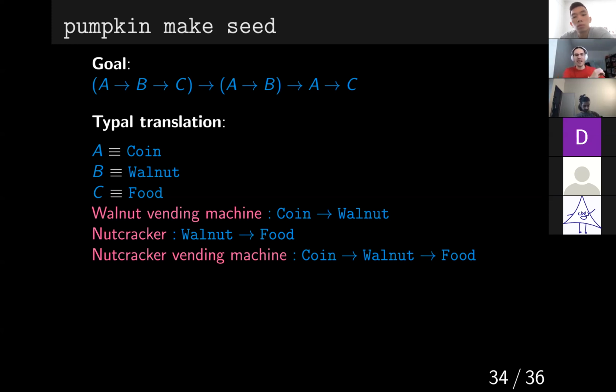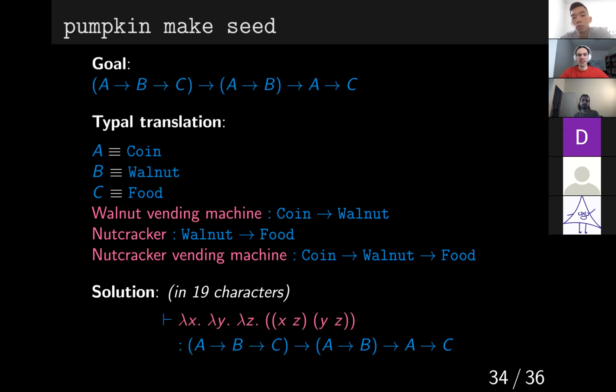You put a coin in one machine, you put a coin in the other machine, and then you use one thing on the other. And this solution can be encoded in 19 characters like this, assuming that we don't have to write type descriptions, which can be inferred by proof assistants. X has type of nutcracker vending machine. Y has type walnut vending machine.